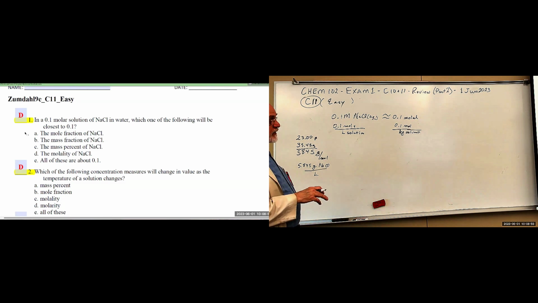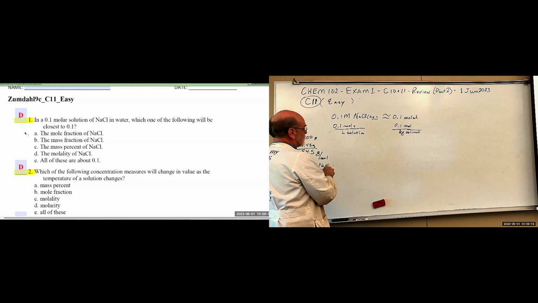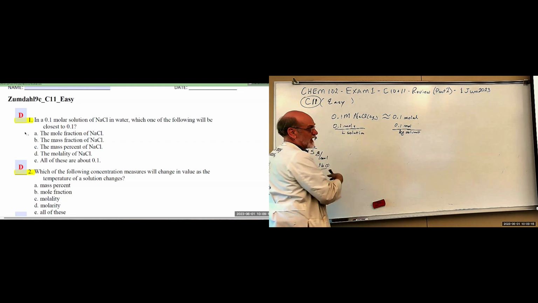Now we could go through the others if we had time. Mole fraction. I think I did it in the work problems. I went through each one and calculated them and found out that the closest one to molarity is molality.